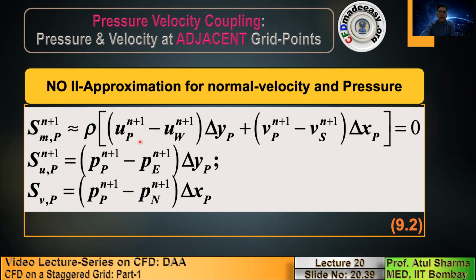So note that here for mass conservation, the velocities that you encounter are the adjacent grid point values. The pressure is adjacent, P and E, there is no yellow circle between P and E, or P and N. So the pressures are adjacent pressures, and the normal velocities are adjacent grid point velocities. So this way we avoid the pressure velocity decoupling.